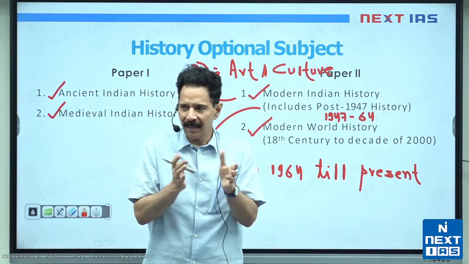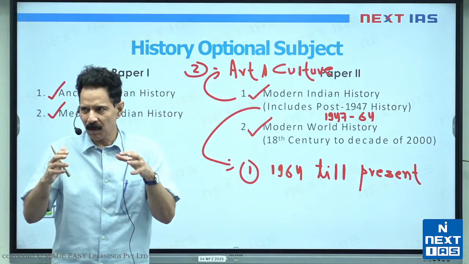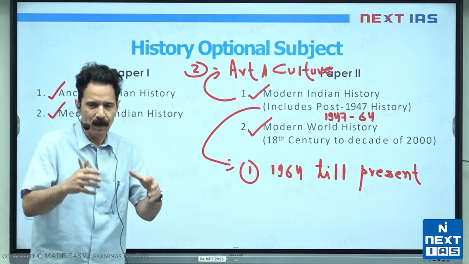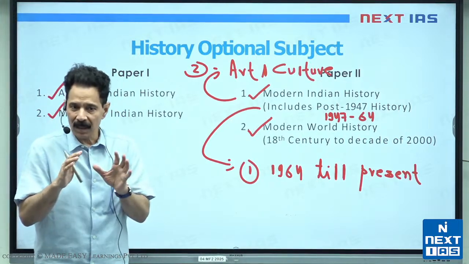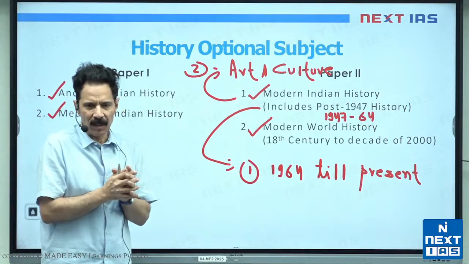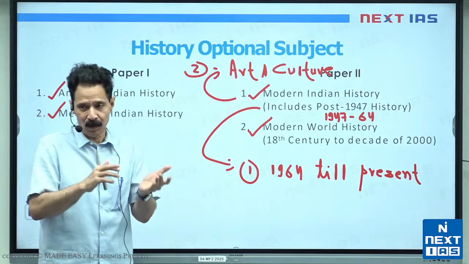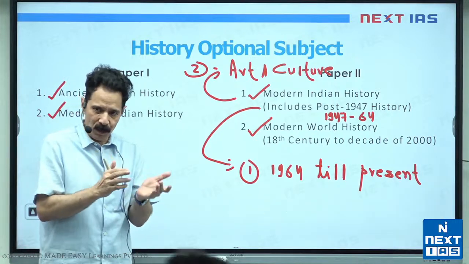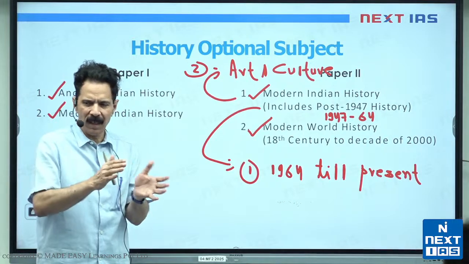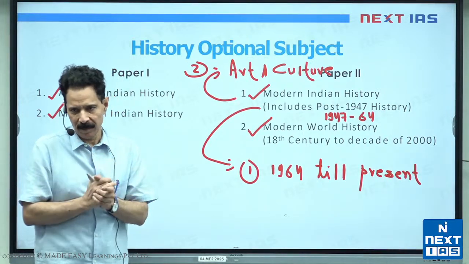Okay? And second is sometimes the depth also. So sometimes you will find that there are certain issues that do not normally occur as a question in GS. But the other way also. There are certain issues, they never occur as a question in history optional subject, but they occur in GS.